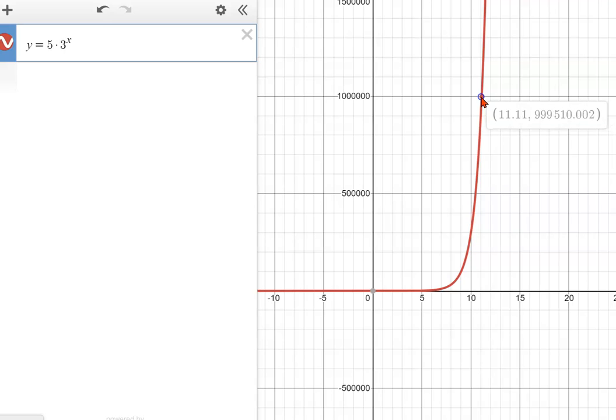So after 11 hours, approximately after 11 hours, 11.11, it's going to be the 1 million. That's the number of mold spores. Okay, so that is by using your graphing calculator or Desmos.